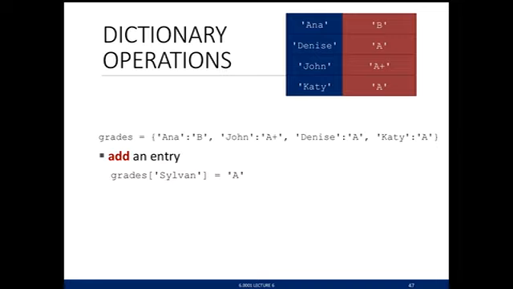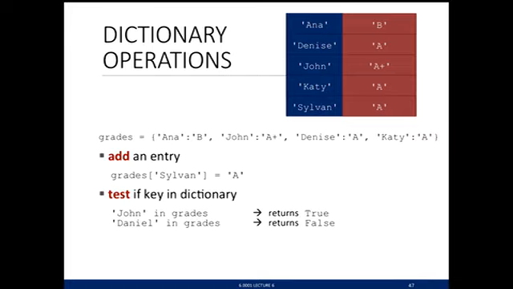Other things we can do with dictionaries. We can add entries, just like we would do with lists. Grades is a dictionary. In open and close square brackets, I put in a new label and a value. And that adds that to the dictionary. I can test if something's in the dictionary by simply saying, is this label in grades? It simply checks all of the labels or the keys for the dictionary to see if it's there.